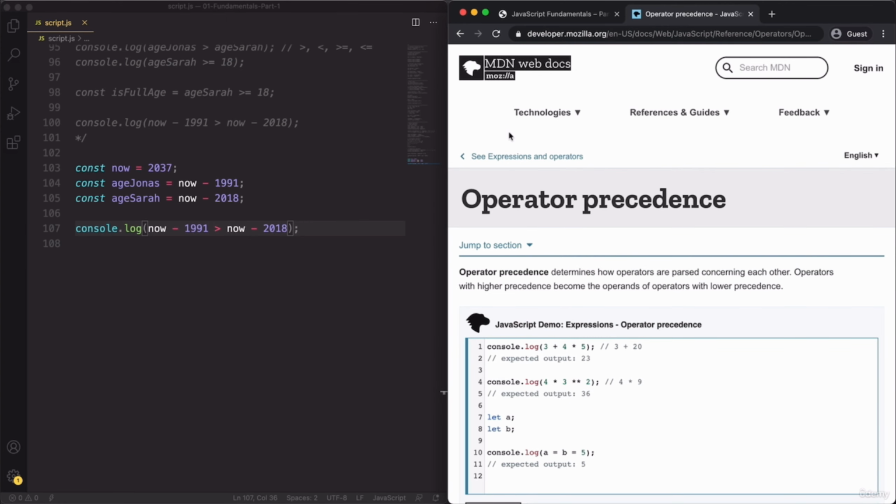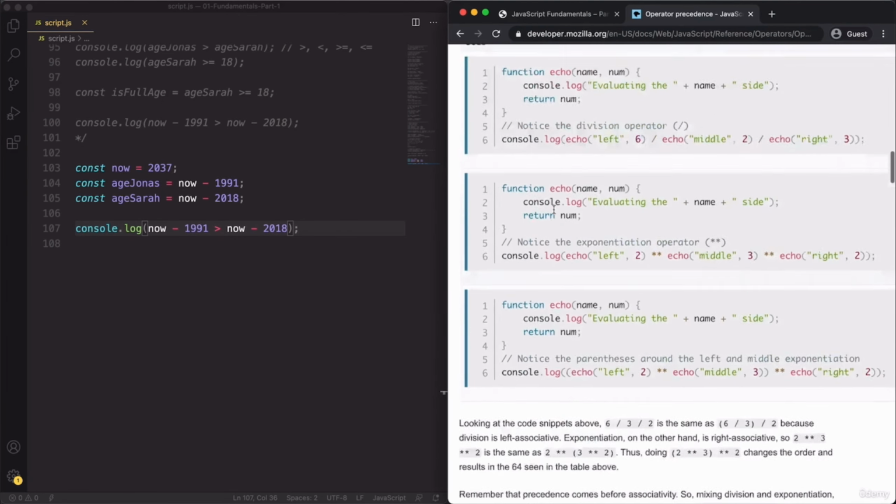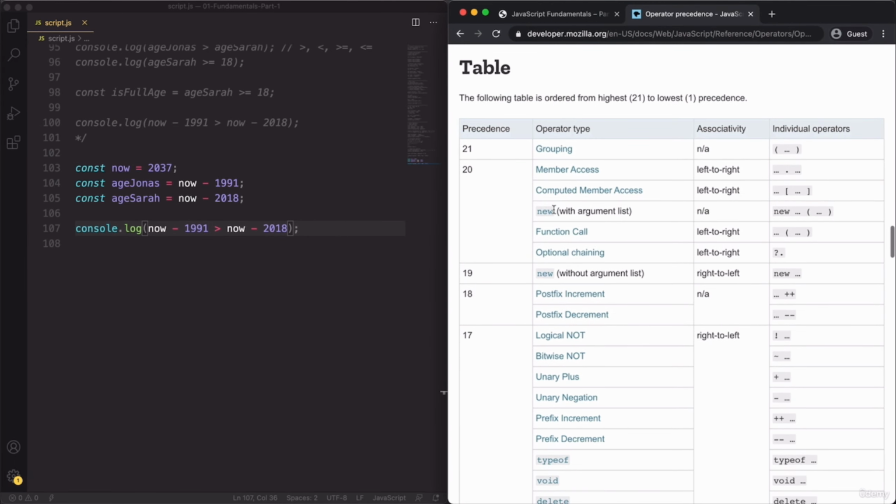MDN is a very well-known and widely used documentation site, and we will actually use MDN a lot throughout the course. In one of the future sections, I will show you a bit better how to use this site. But for now, we're looking for a table that is here on this page, and it's this one.